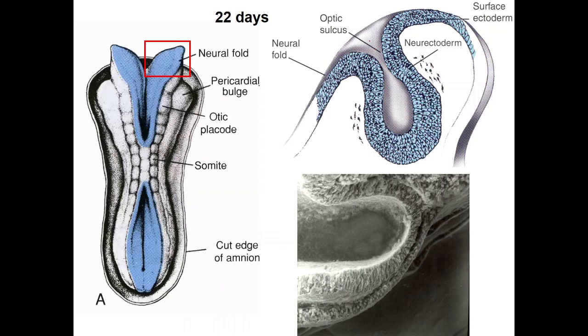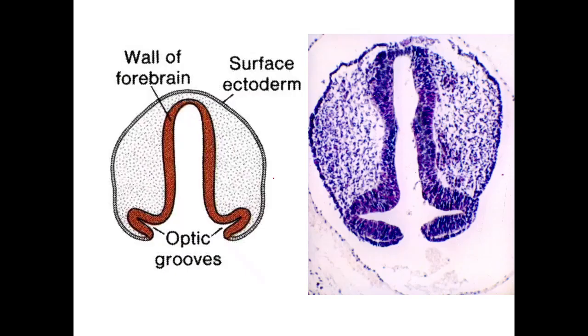So here in the forebrain, there is an evagination, but it really looks like an invagination. We have the forebrain, which is lined with neuroectoderm. Neuroectoderm is lining this forebrain on the inside, and we have these optic grooves.